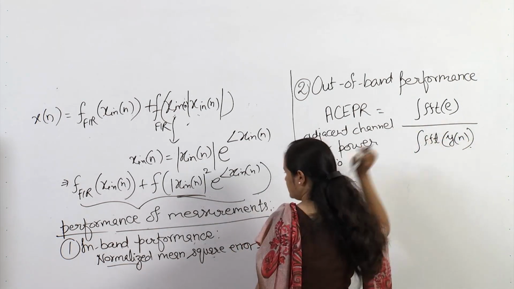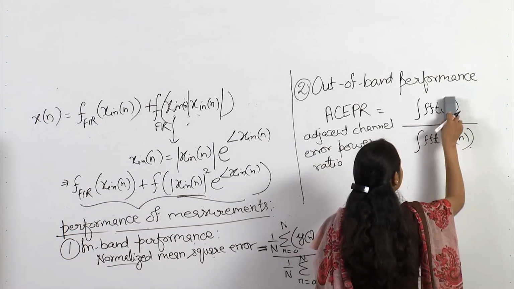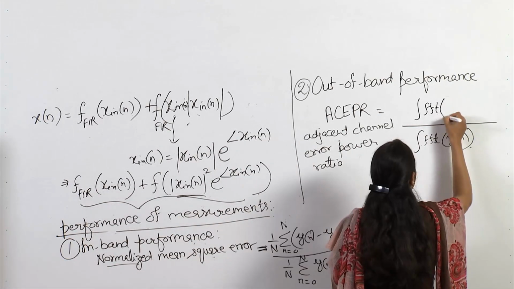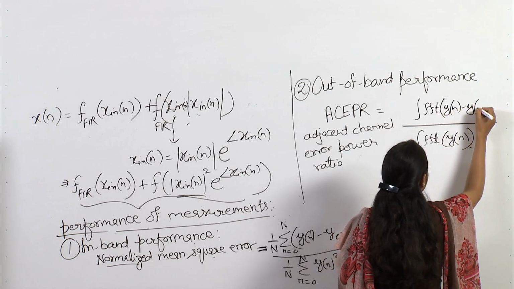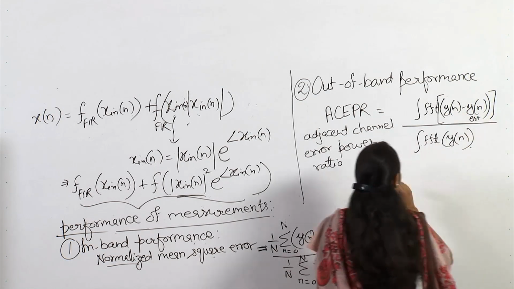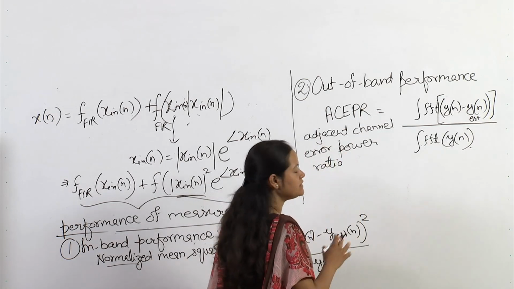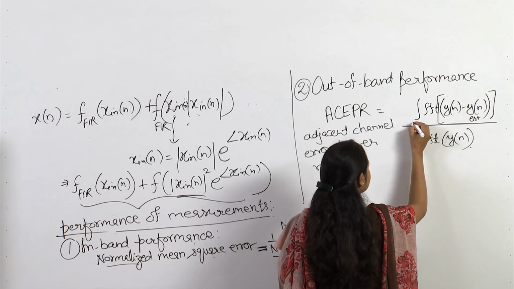Now this error is actually what? It is again y n minus y estimated. So, let us write it in that way, y n minus y estimated. So, we take FFT of these values and then we choose our frequency limitation.